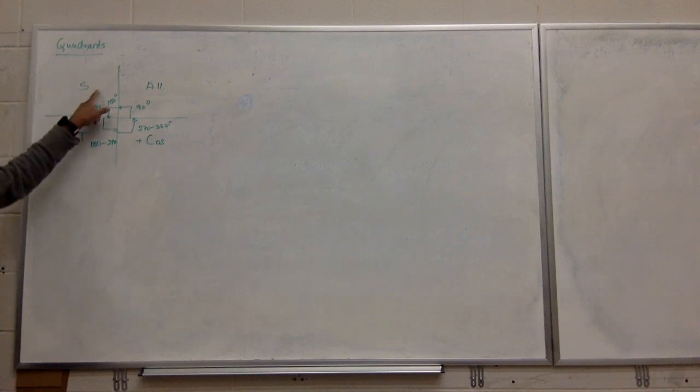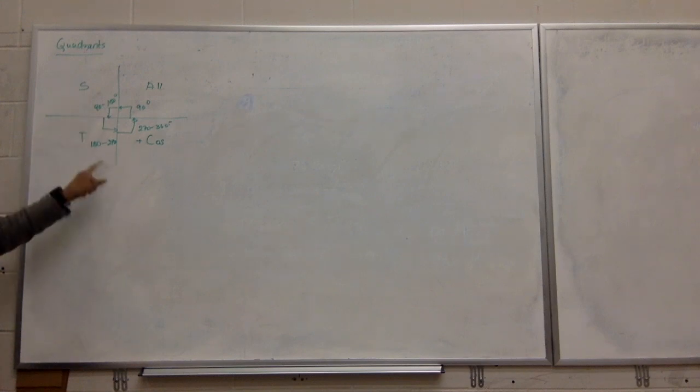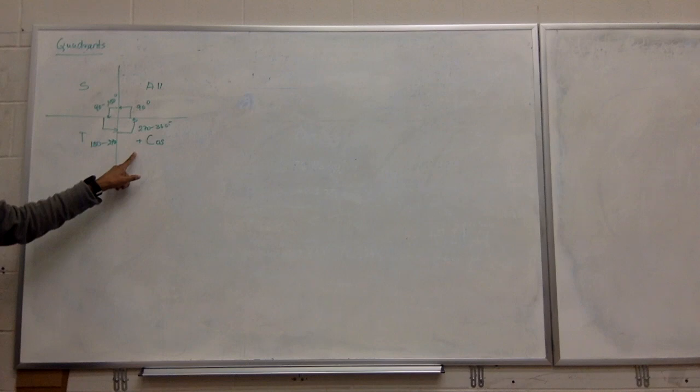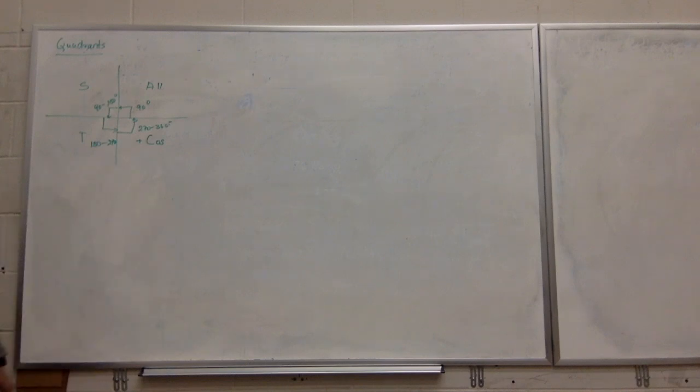In the second quadrant only sine is positive, which means sine of 90 to 180 is positive. Cosine is negative, tangent is negative. You got it? In the third quadrant only tangent is positive. Cosine and sine are negative. In the fourth quadrant only cosine is positive. Sine and tangent are negative. Alright?